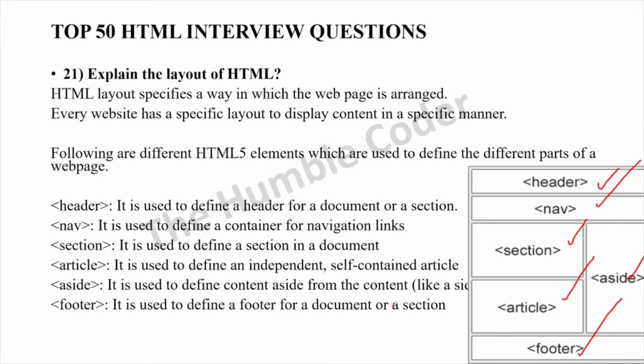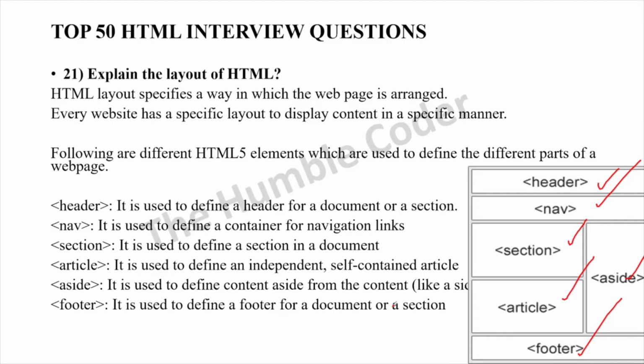Nav is used to define a container for the navigation links. Section is used to define a section in a document. Article is used to define an independent or self-contained article. Aside is used to define content aside from the main content. And footer is used to define a footer for a document or a section. So this is what the layout of HTML is.